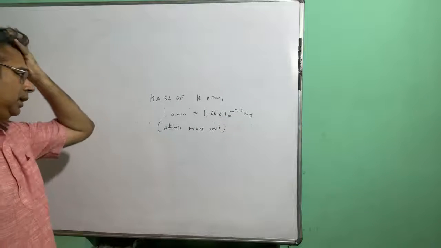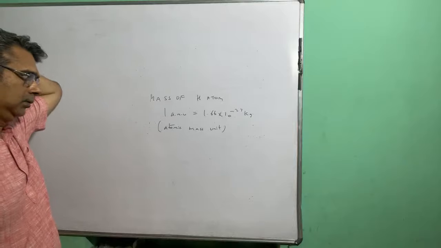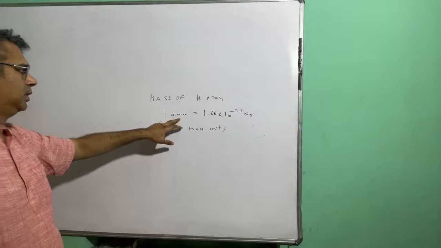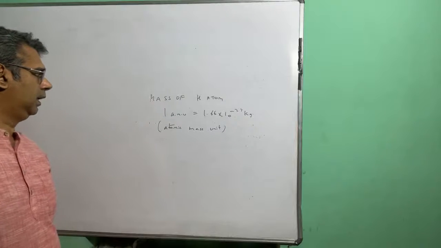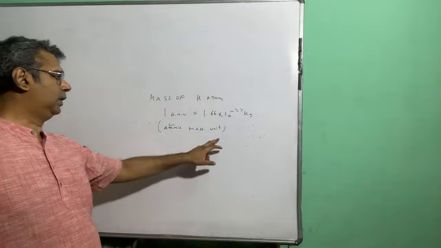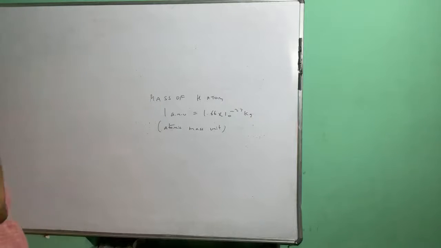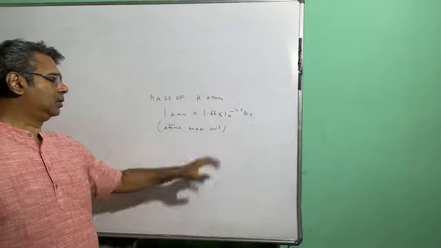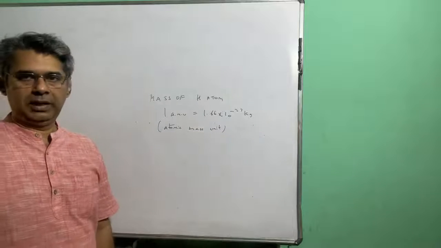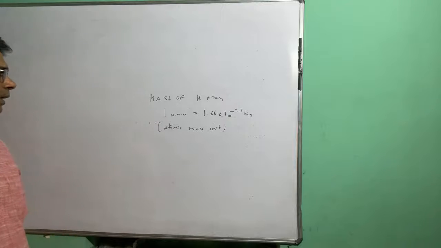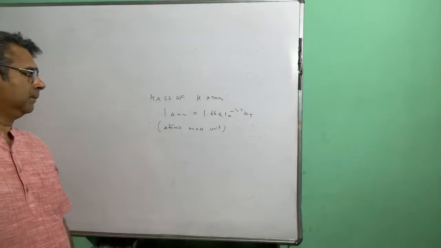So the mass of one hydrogen atom, 1.66 into 10 to the power minus 27 kg, this value was called 1 AMU, and the full form of AMU is atomic mass unit. So atomic mass unit is the mass of one hydrogen atom, and this is the value.